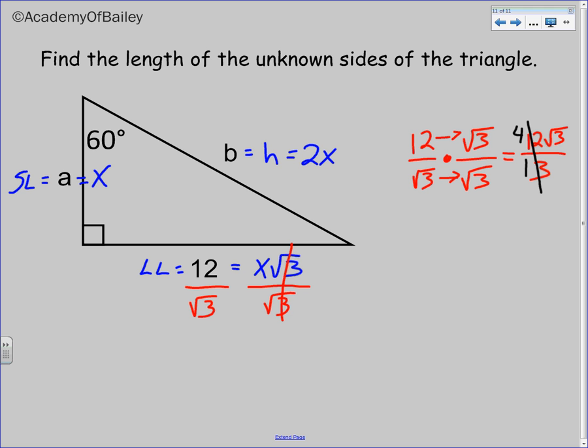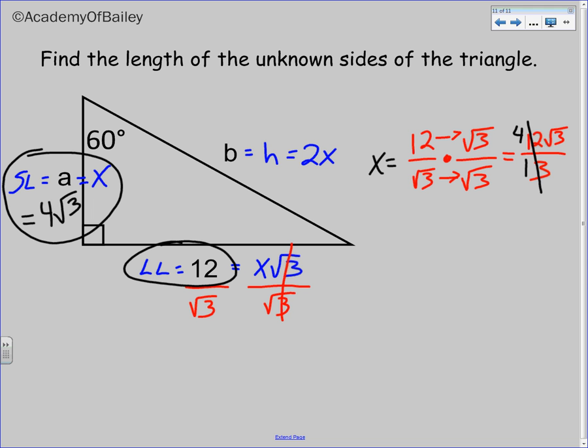So therefore, we just calculated x, right? X is equal to 4 times the square root of 3. It's the short leg. The long leg was 12. Now let's find the hypotenuse. The hypotenuse is equal to 2 times x.